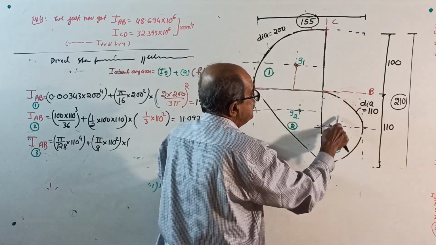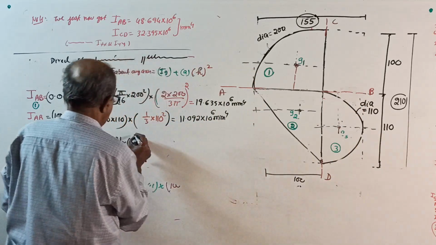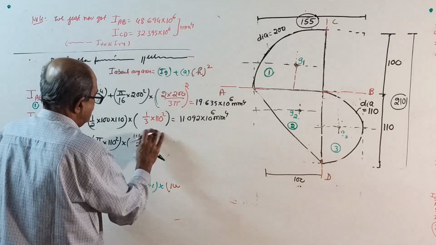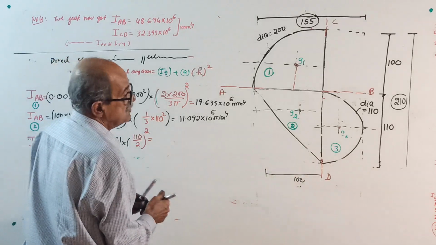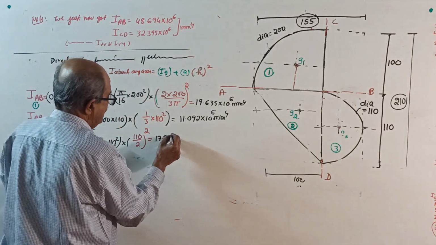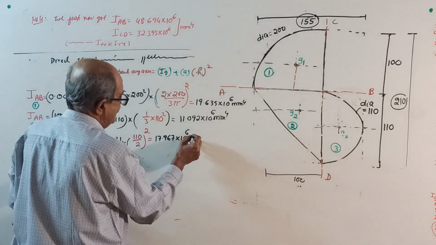This distance square is exactly midpoint, 110 divided by 2, whole square. This will come 17.967. 17.967 10 to the power 6 millimeter power 4.